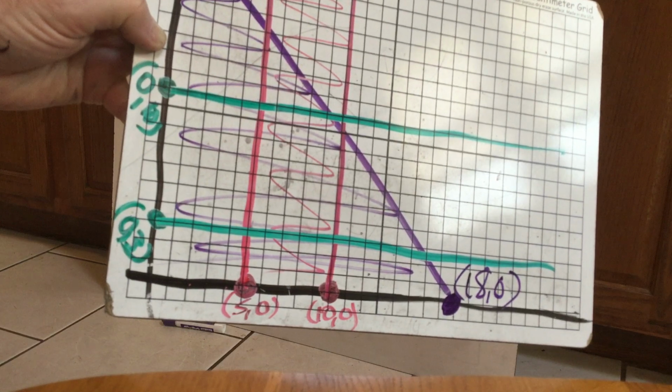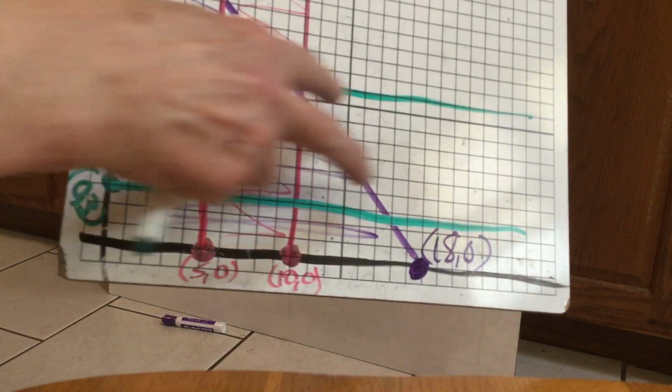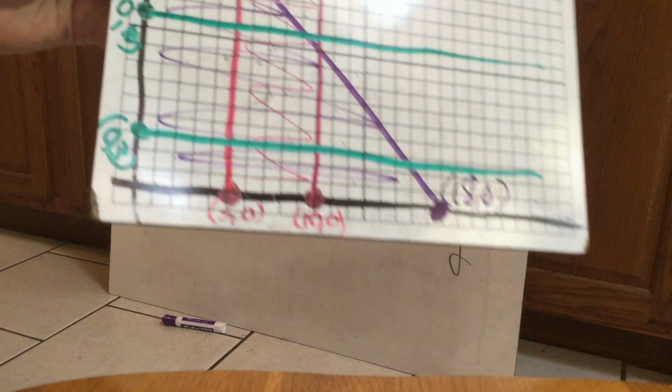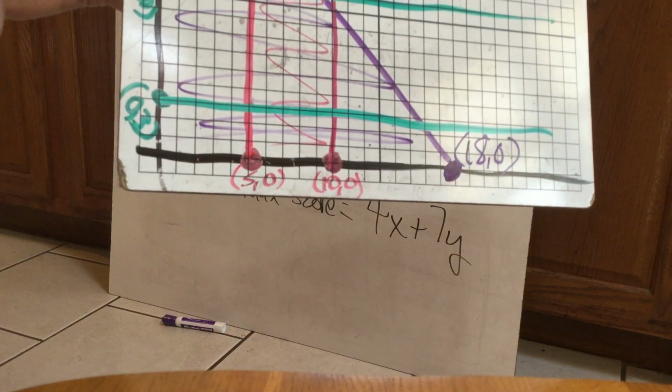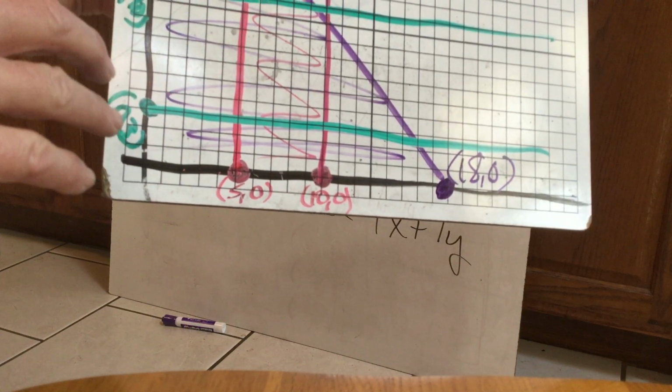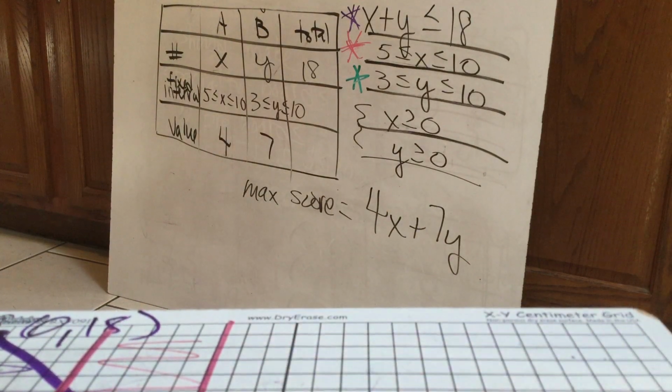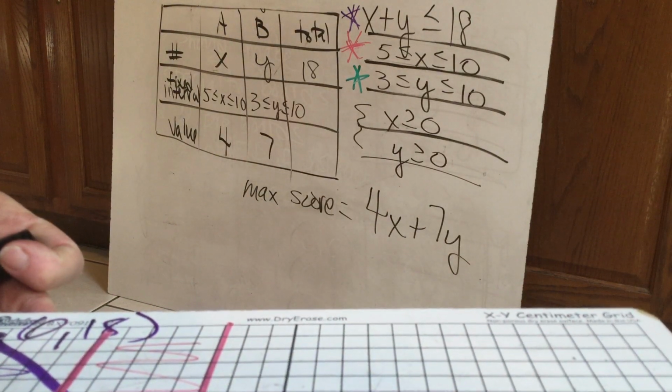And all the points that I need are in between those two bars. Now remember, we'd already been under the purple, between the red. Now we're between the green. So I'm going to outline the area that we are looking at.